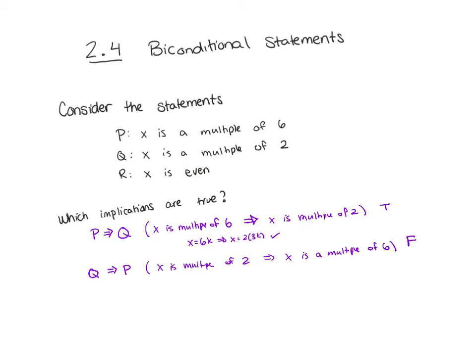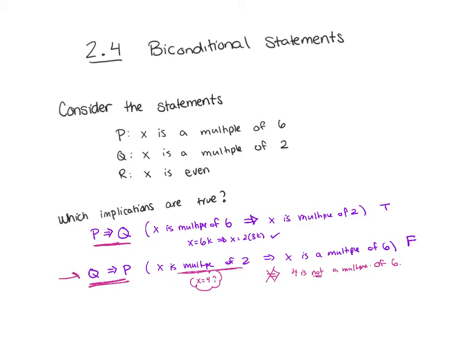That one's going to be false, right? Because just because I know something is a multiple of 2, maybe like 4, does not mean that it's going to be a multiple of 6. So we have to be a little bit careful here. Just because we know P implies Q, that does not mean that Q implies P is also true.